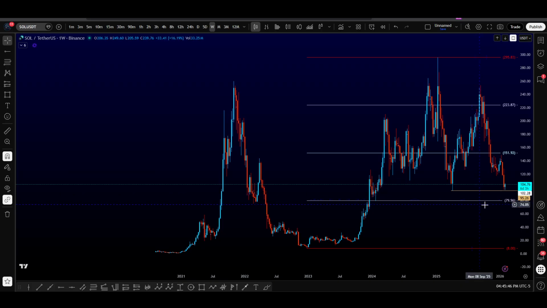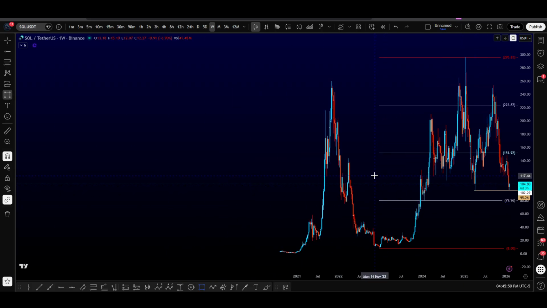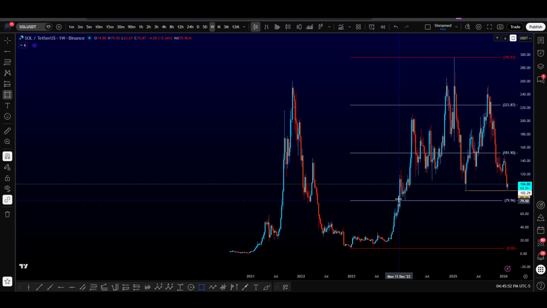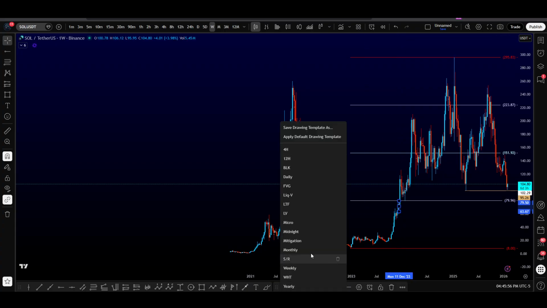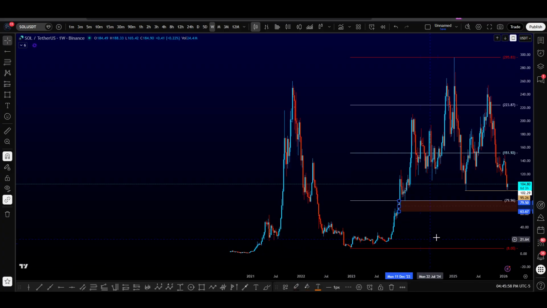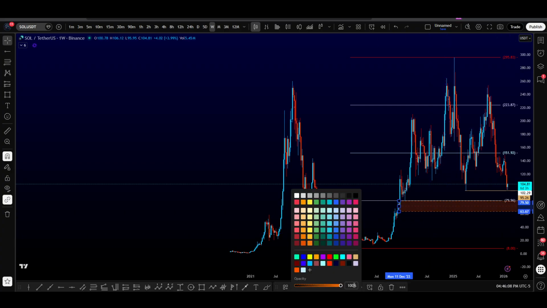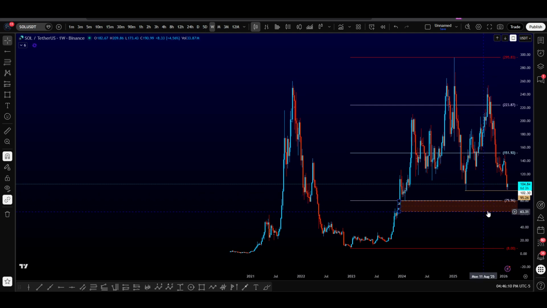That's my main target for now. And then once we get down to that level, we will see how price reacts from this, you could call it a supply level, a weekly bullish order block, whatever you want to call it. We want to see exactly what price does at that level, right? Because I think that will be an interesting area to then look for another long.